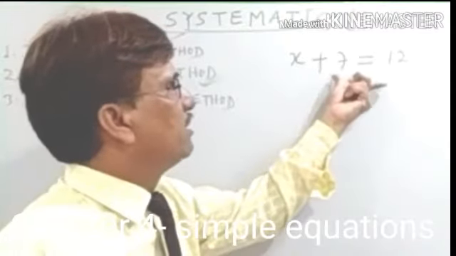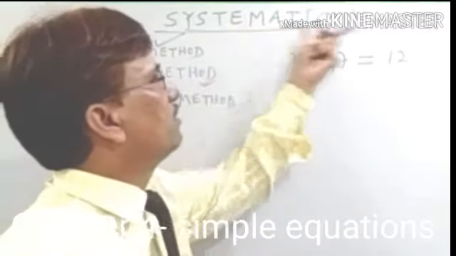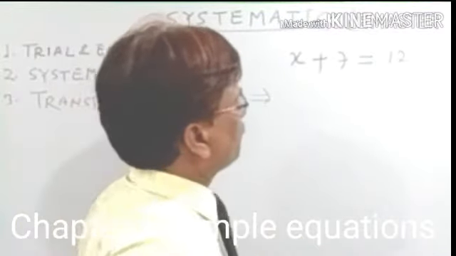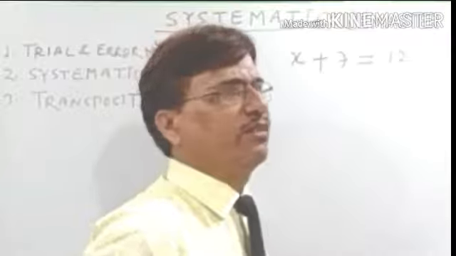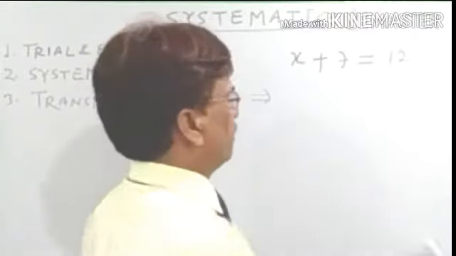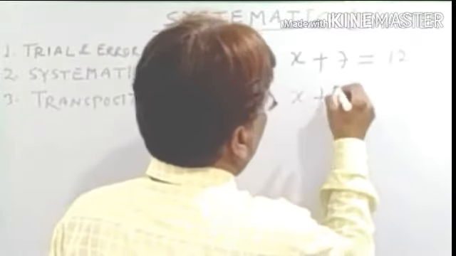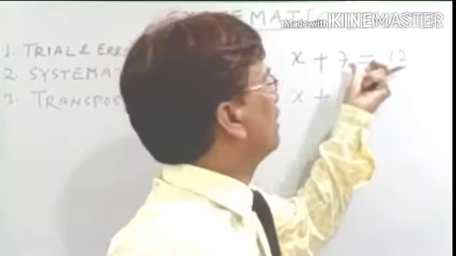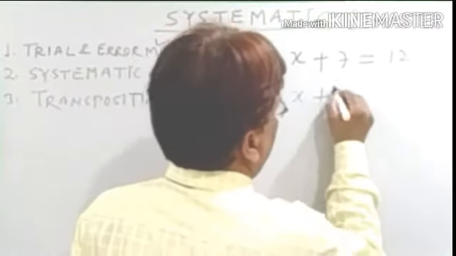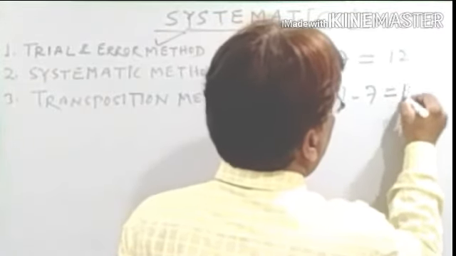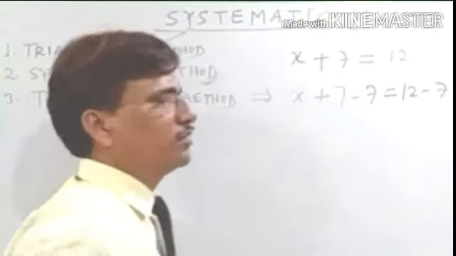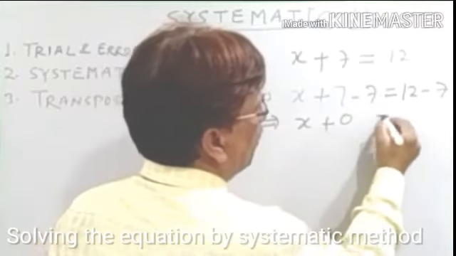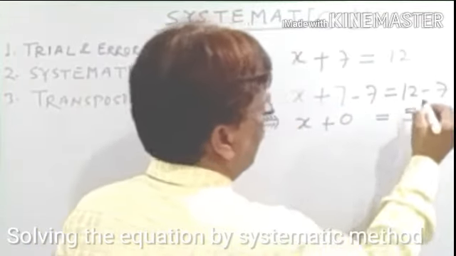Okay, so we solve this example by the systematic method. First, we have to remove 7 from the left hand side. To remove 7, we have to subtract 7 from both sides. Okay, x plus 0, 7 minus 7 is 0, is equal to 5.